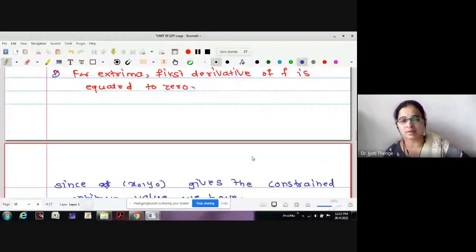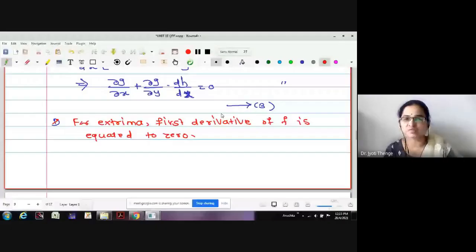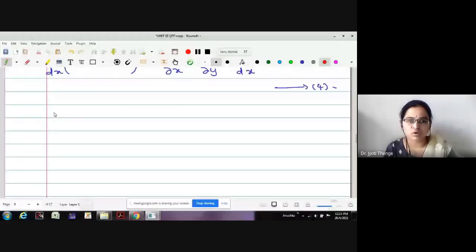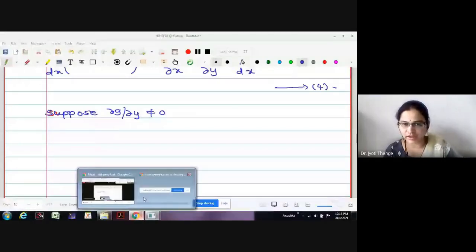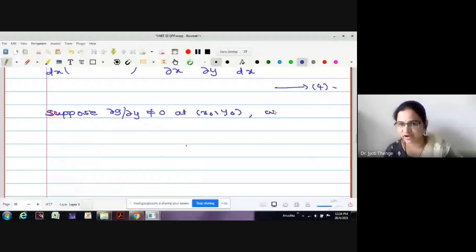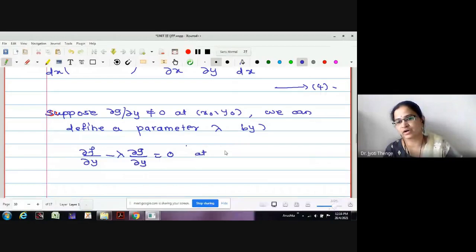Assuming dou g by dou y is not equal to 0, suppose dou g by dou y is not equal to 0 at x naught y naught, we can define a parameter lambda by dou f by dou y minus lambda times dou g by dou y is equal to 0 at x naught y naught. I have taken the parameter lambda as such.